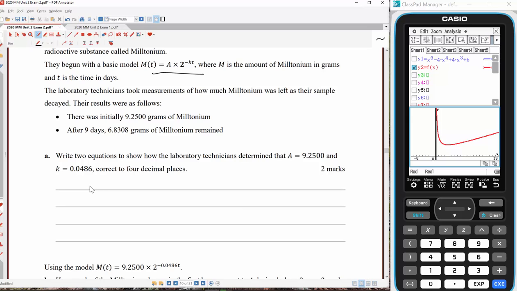So this will just involve us going, not M of T, so we're just going to plug this in. Initially, after 9 days, I can see that one. So that's going to be the amount.